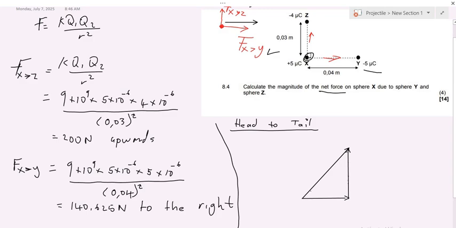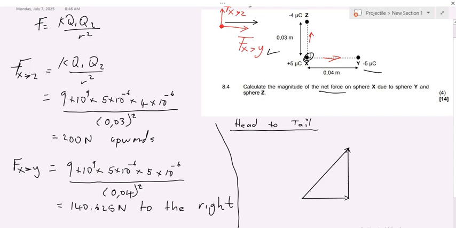So according to the head to tail, we start with vector number 1. From the head of vector number 1, we draw vector number 2. Then we connect the tail of vector number 1 with the head of the last vector, which is number 2 in our case.